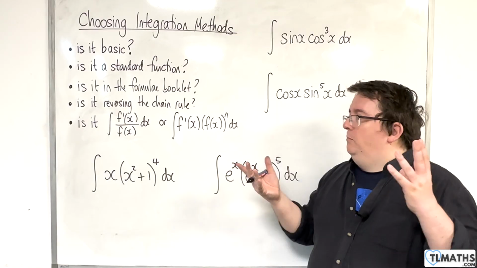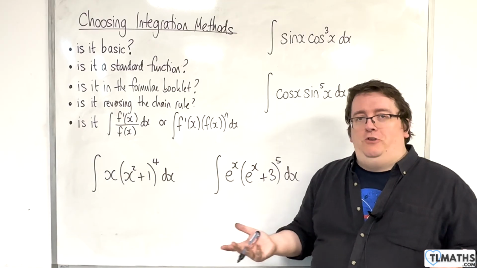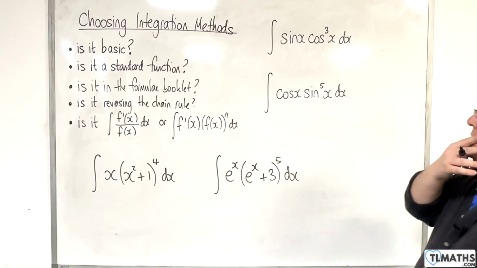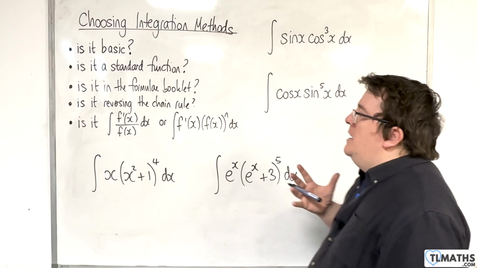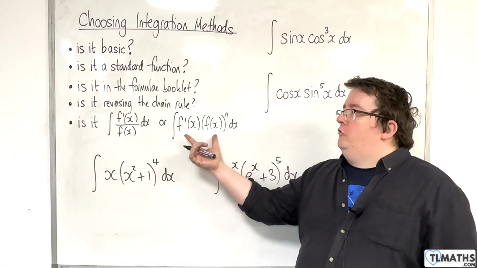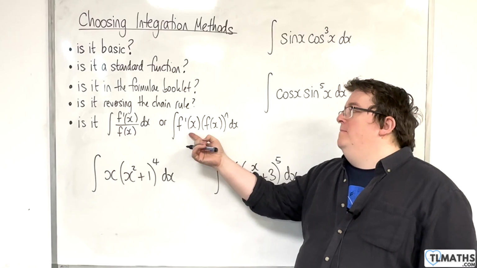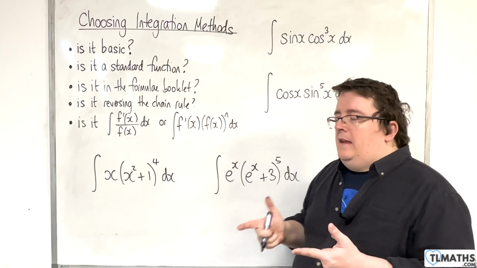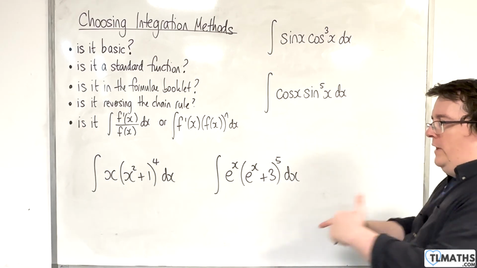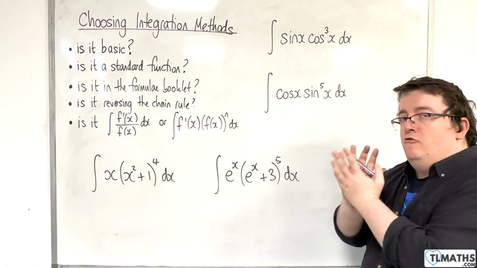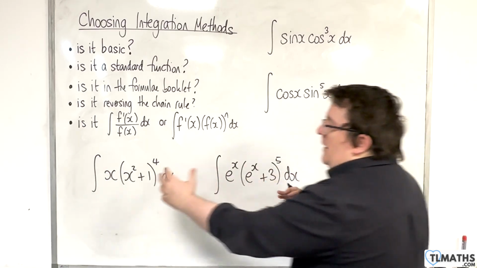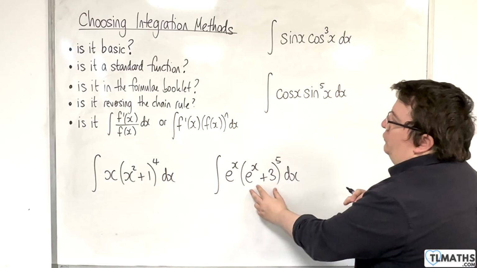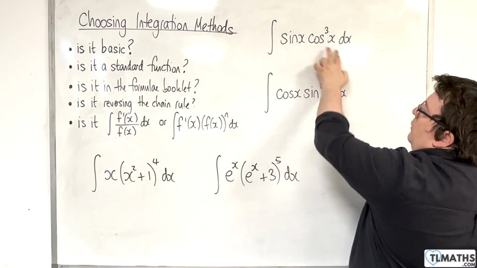But wait, there's more. Reversing the chain rule. There are also integrals that are of this structural form, f prime times f to the n. The idea here is to look for that interior function, so x squared plus 1, e to the x plus 3, sine x, cosine x.